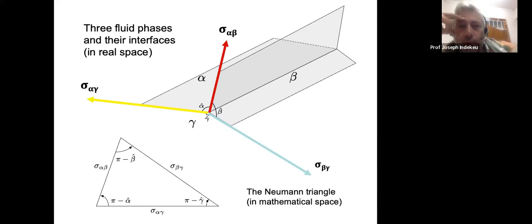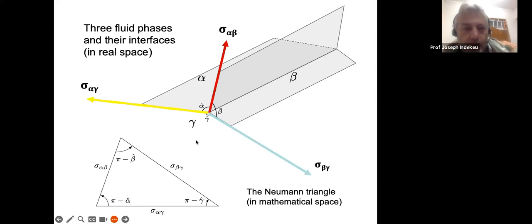So suppose we have mechanical equilibrium here, then we know that the sum of these forces should be 0, according to Newton's principles. Otherwise, the contact line will start moving in the direction, presumably, of the net resultant force.